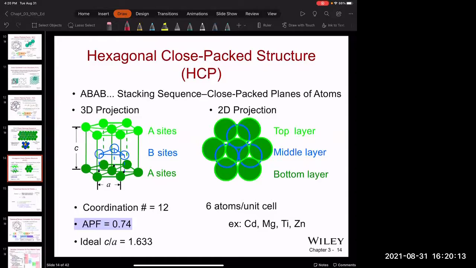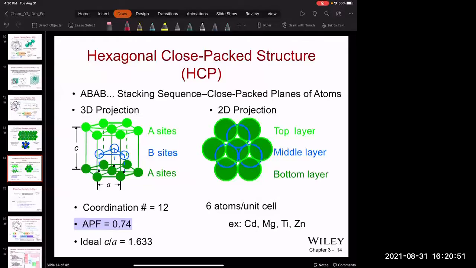The middle layer will have the atoms right in between the spaces of the top and the lower layer, so they are located at the center of that. You're not putting an atom on top of another atom. You put the middle atom inside the curve of three or four different atoms at the bottom or on the top. So that is what we call the HCP.